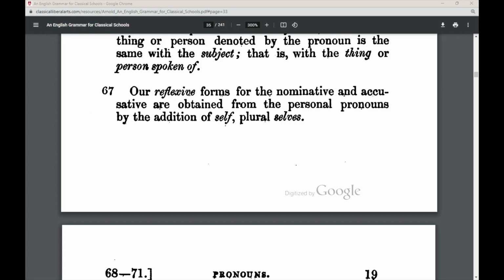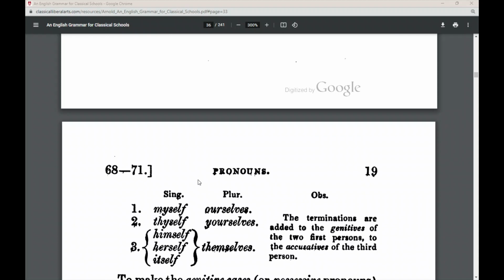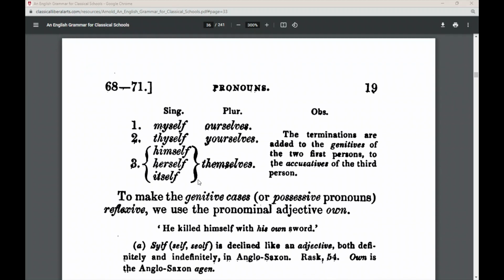Our reflexive forms for the nominative and accusative cases are obtained from the personal pronouns by the addition of self, or selves in the plural. So here we're going to see what the reflexive pronouns are and how they're formed.